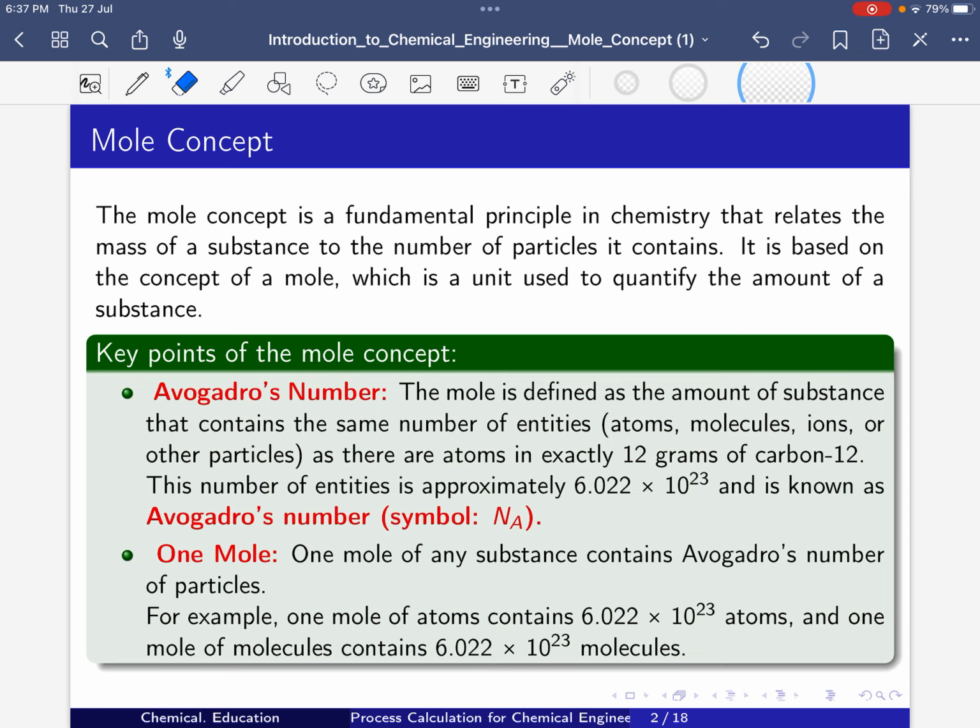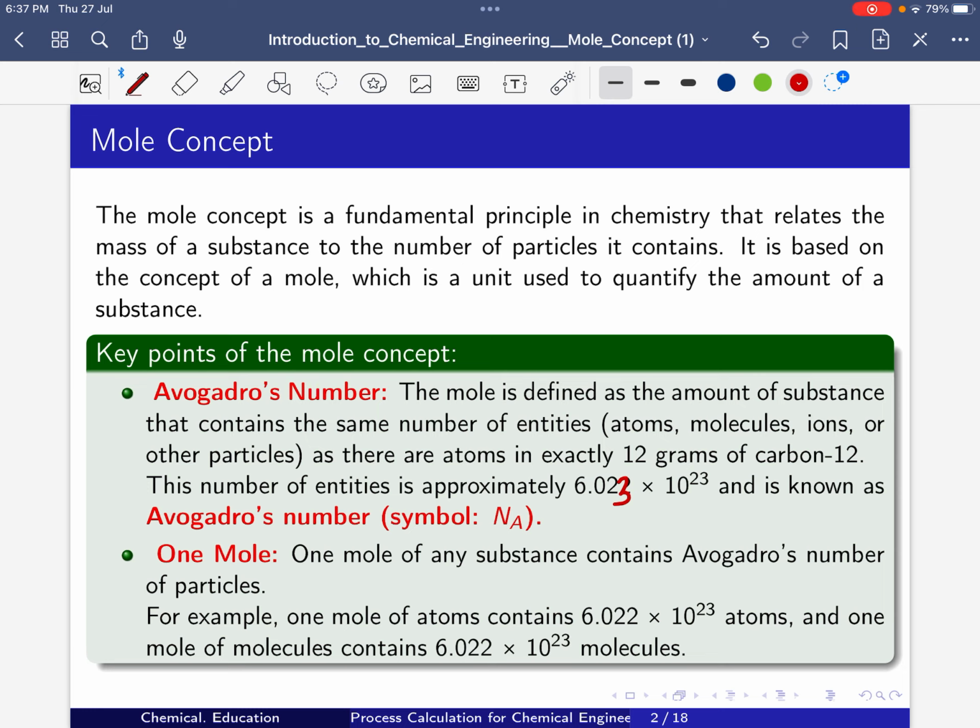First is Avogadro's number. The mole is defined as the amount of substance that contains the same number of entities, like atoms, molecules, ions or other particles, as there are atoms in exactly 12 grams of carbon-12. This number of entities is approximately 6.023 × 10^23 and is known as Avogadro's number.